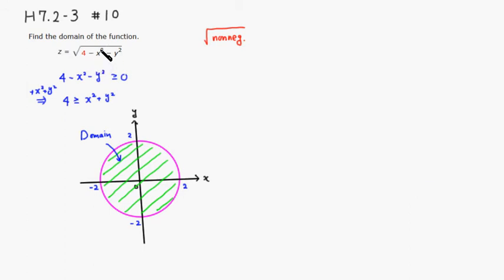Since you have x squared and y squared, these are never negative. So the largest this function can be: maybe I'll rewrite it this way, z equals the square root of 4 minus x squared plus y squared. This is the same function. You can see that this quantity right here is always greater than or equal to 0.